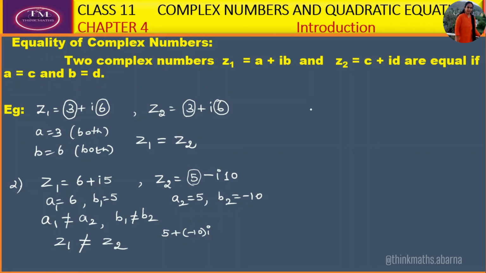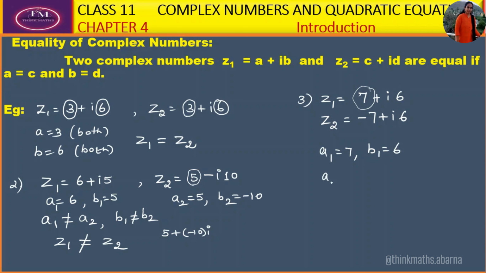Now one more example. Suppose Z1 equal to 7 plus i6 and Z2 equal to minus 7 plus i6. What is the real part here? For Z1, A1 equal to 7, B1 equal to the imaginary part, which is 6.